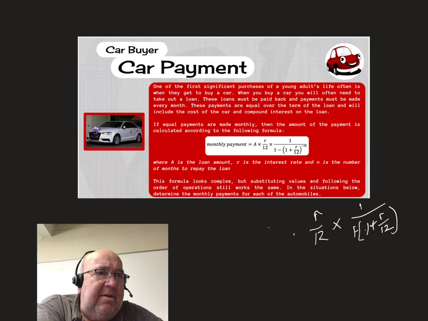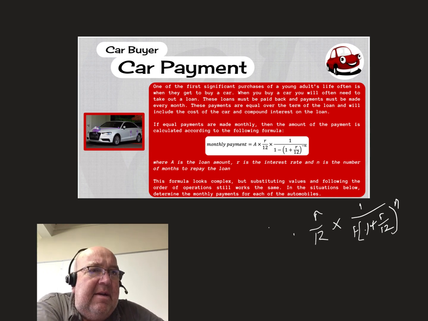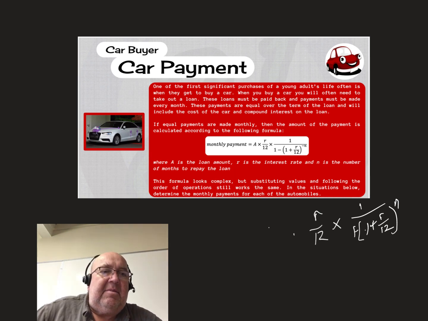So do the R divided by 12 again, add it to 1, and then do the exponent, and then multiply. You should be able to get that pretty well done and be effective doing that.